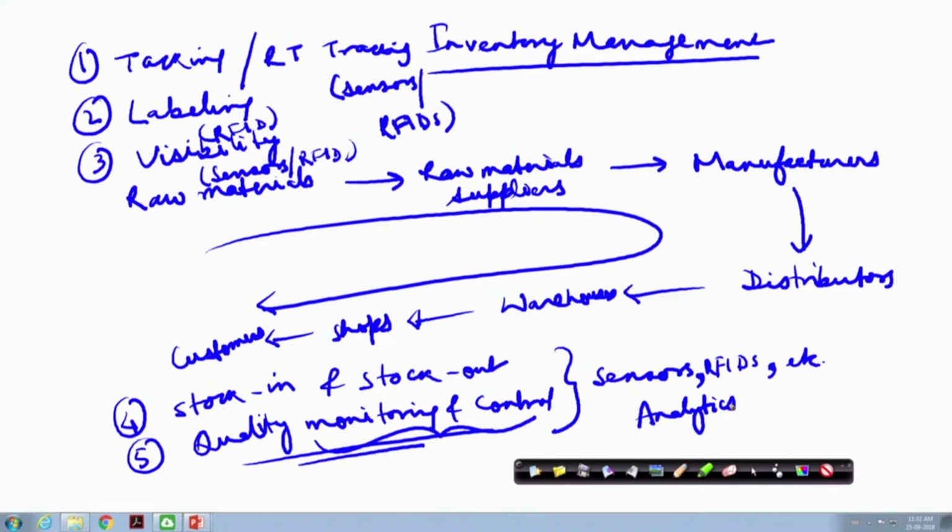So, as you can see, this entire process we can automate and make efficient through the implementation of these different concepts that we have learnt over time through different lectures on IIoT, such as sensors, sensor networks, RFIDs, different connectivity technologies.